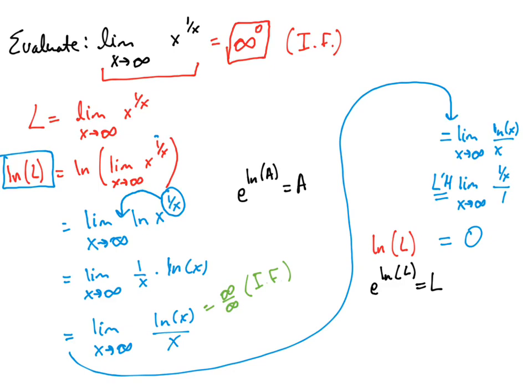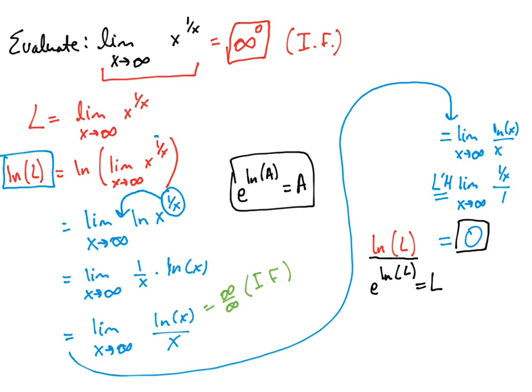And we saw that ln of L was equal to 0. I'll go in a roundabout way here. So we saw that ln of L is equal to 0, but we also have this property, e to the ln of a is equal to a.